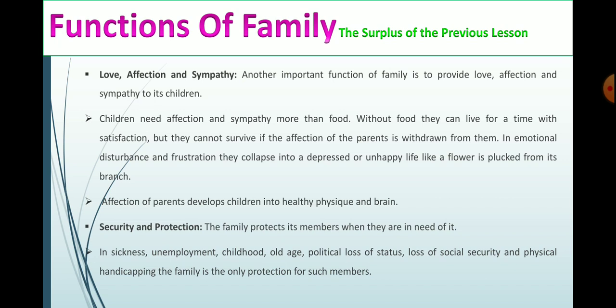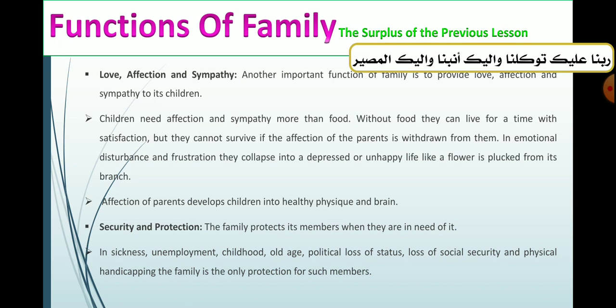If you have seen, for example, in some families, they beat their children, and they do not allow whatever the child says. They do not insist on that, or they do not take it seriously. And because of that, the children face many psychological problems.